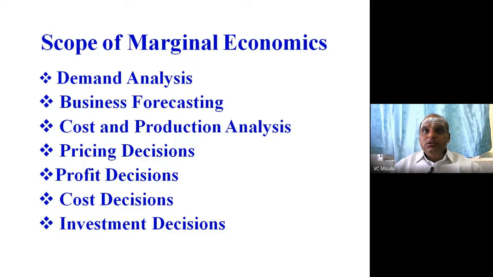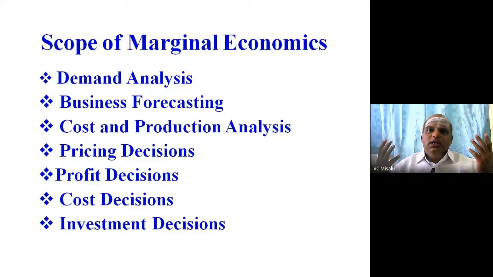Cost decision, pricing decision, profit decision. These decisions are essential models in business, because without cost ascertainment and profit ascertainment, there is no business. So in all activities of business, you have managerial economics.